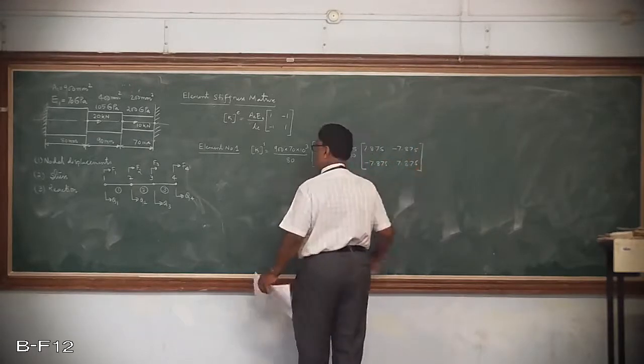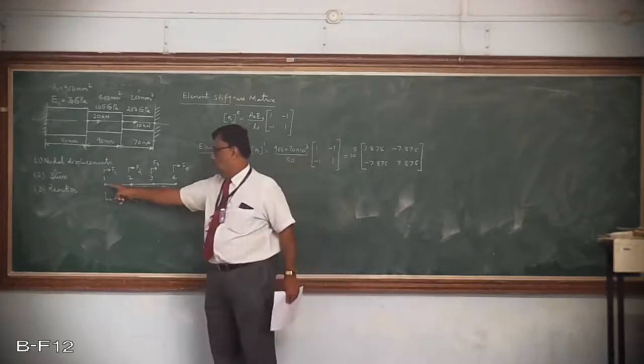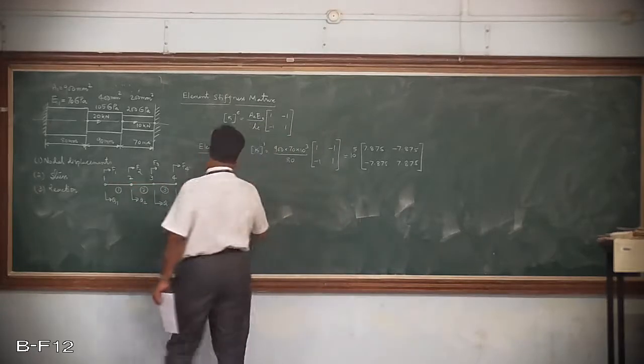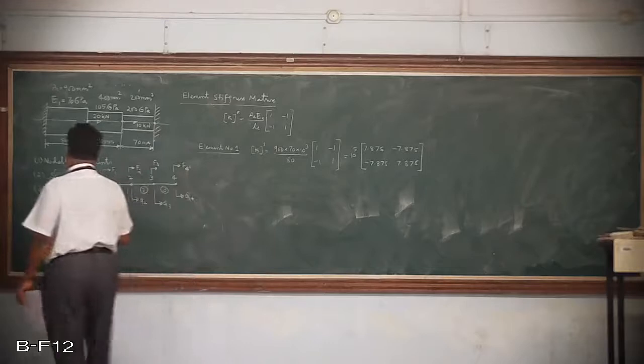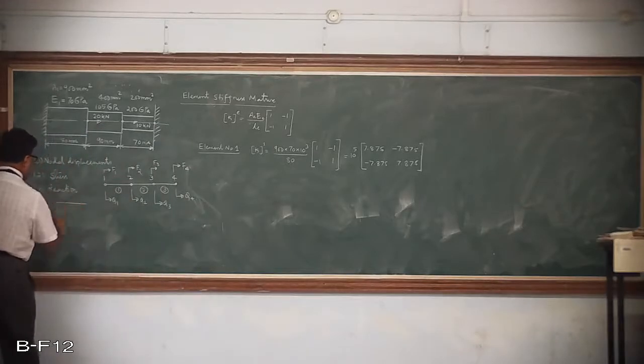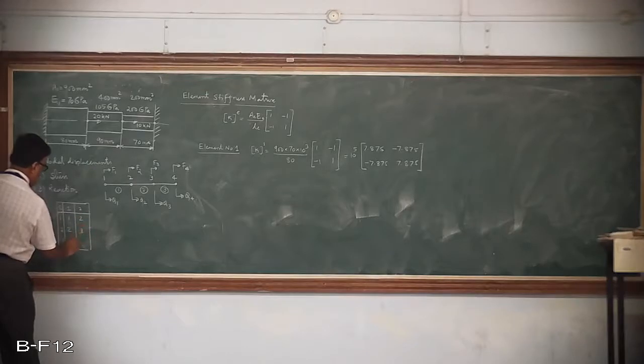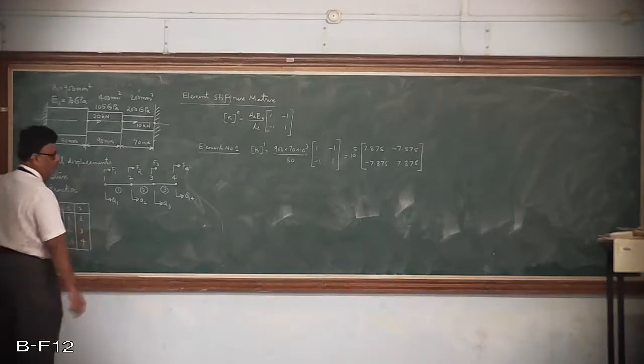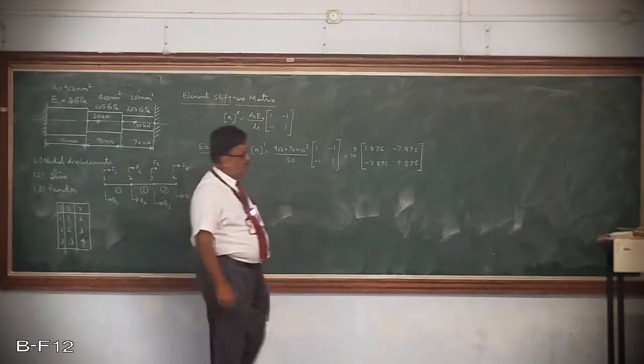Look at the connectivity. Obviously, this is 1, 2 for the first element. If you want a connectivity table, you can put it here: element number and the local node numbers 1, 2. For elements 1, 2, 3, it is 1-2, 2-3 and 3-4. This is the element connectivity for all the 3 elements.